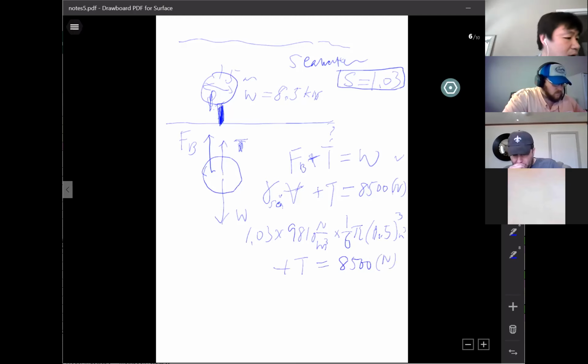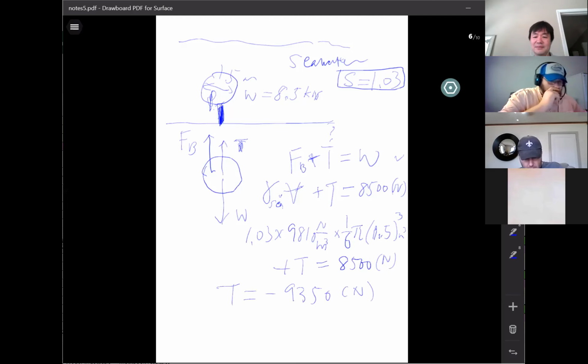Okay, so based on this calculation, let me see my value. So my T is negative 9350. Based on this calculation, it turned out T is a negative value, negative 9,350. Is it tension or compression? Negative means my initial specification of T going upward is wrong.